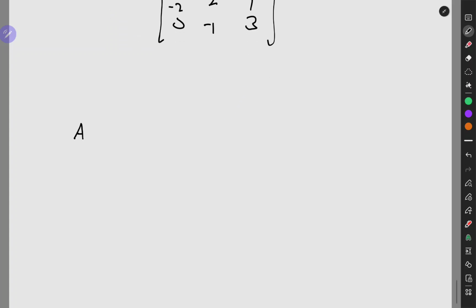So here we have the identity matrix. It's defined as I, the definition that you'll see everywhere for the identity matrix.